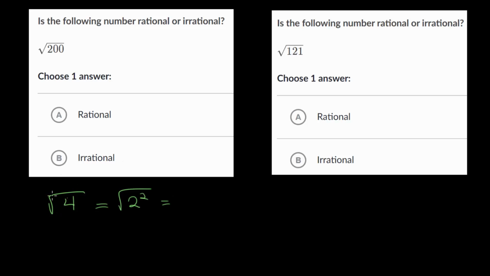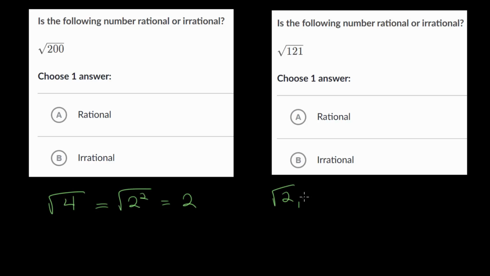And we know the square root of 4, what number multiplied by itself gives you 4, is just 2. So when you can rewrite it as a perfect square, the square and the square root cancel each other out, and you just get back a whole number answer. And remember, whole numbers are fractional numbers because you can divide anything by 1 and it would still be the same number. So certain square roots are rational numbers, but most square roots aren't.